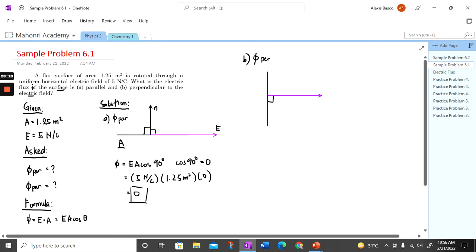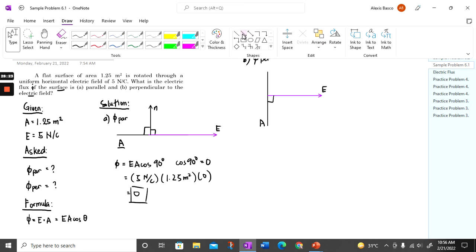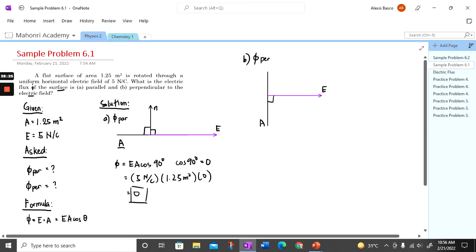Okay, that is my E. So my surface and my E are perpendicular to each other, which means that my normal is parallel to my electric field.